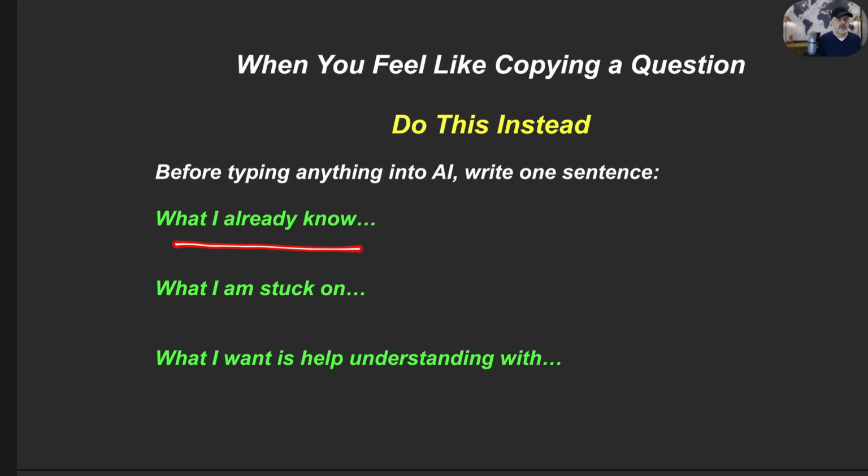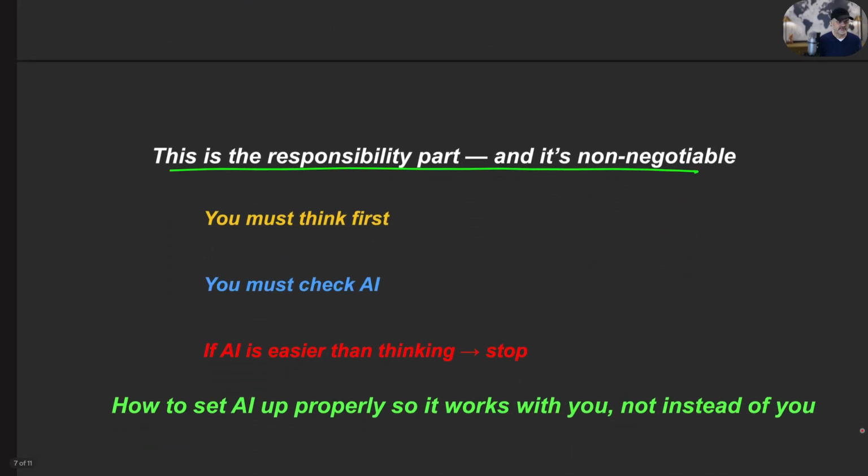What do you already know about a certain thing? What is the challenge you're facing with that concept? And what do you need to help you understand it better? You have to start thinking: what are the questions I must answer, and how am I going to lead the conversation so that I get the best benefit in the process of learning?